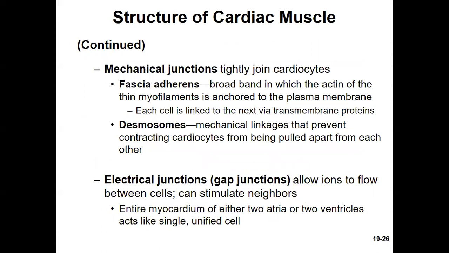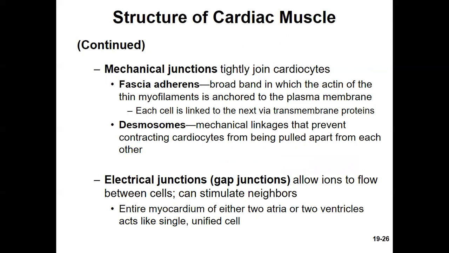Then you have these mechanical junctions and electrical junctions. Mechanical junctions will join your cardiocytes very tightly, and there are two types of mechanical junctions. You have the fascia adherens and the desmosomes. Fascia adherens are your broad band, where the actin of the thin myofilaments are anchored to the plasma membrane.